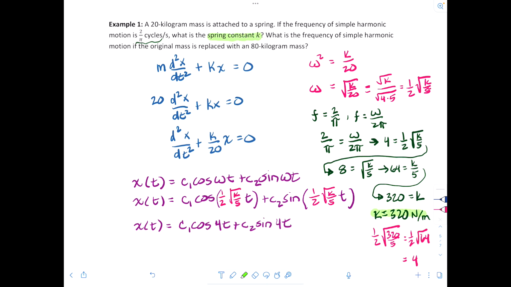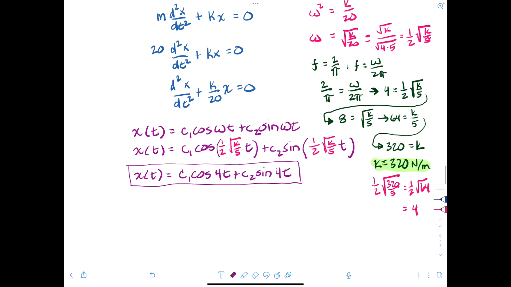So that was our spring constant, k. We were asked to find... Oh, well, we went a little further, I guess. I'm going to go ahead and box this one. That's our initial general equation for the mass, this model for the spring.